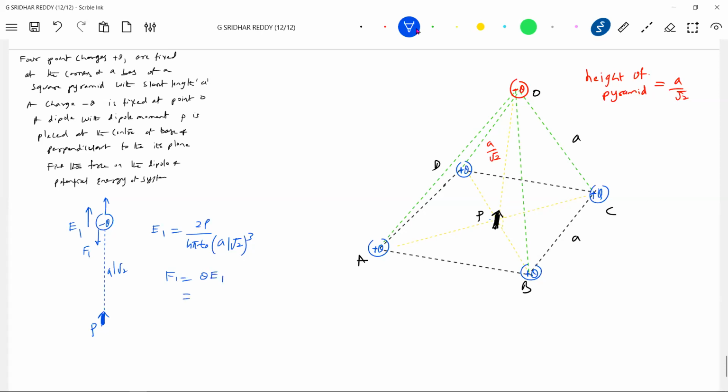Q into E1, so Q 2p over 4 pi epsilon naught A cube, times 2 to the power of 3 by 2, that is 2 to the power of 5 by 2. Check the mathematics once. This would be the force experienced by the negative charge due to the dipole.